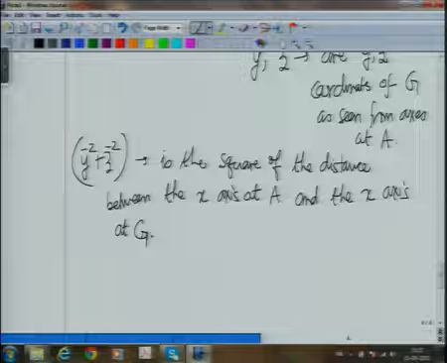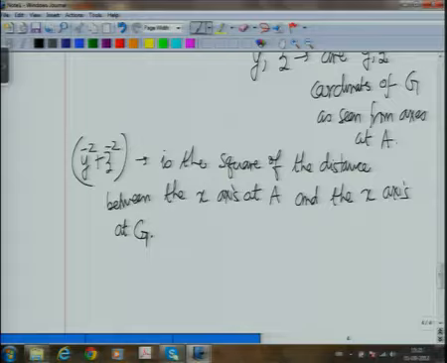Now we can derive a similar theorem for product of inertia. Okay, so let's do that. I'll not derive it now because it is quite straightforward.